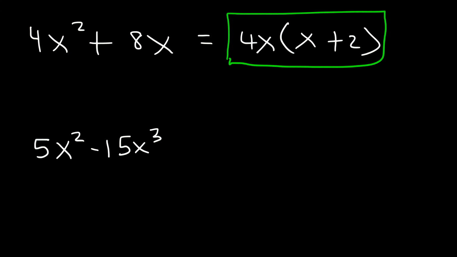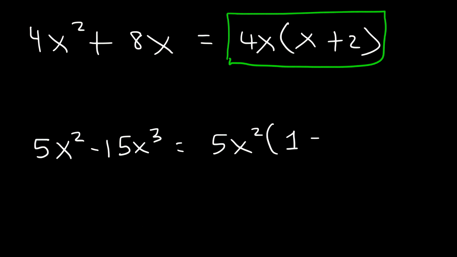Now for the next one, 5x squared and 15x cubed are both divisible by 5x squared. What you do is, for the x variables, you choose the smaller of the two. So let's take out 5x squared. 5x squared divided by 5x squared is 1.